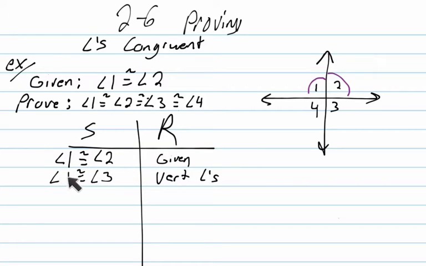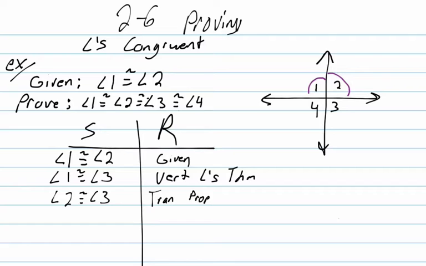Before I write that one down, just because it's going to flow a little bit awkward if I don't do it this way: angle 1 and angle 2 are congruent. Angle 1 and angle 3 are congruent. 2 and 3 are congruent, based on what property? Do you guys remember? Oh gosh, it's been like a week for you guys. We just learned this. It's the transitive property.